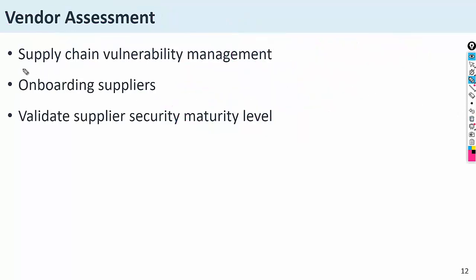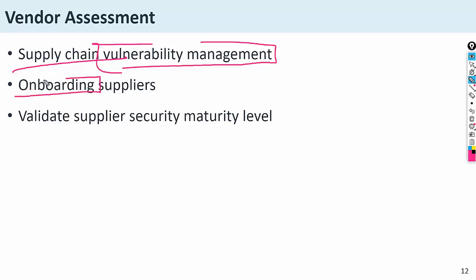This is known as supply chain vulnerability management, finding and managing the vulnerabilities. Onboarding suppliers: whatever suppliers there are, you need to onboard them and check their previous record, their working style, lots of things. Then after that you can validate the supplier for the security maturity level.